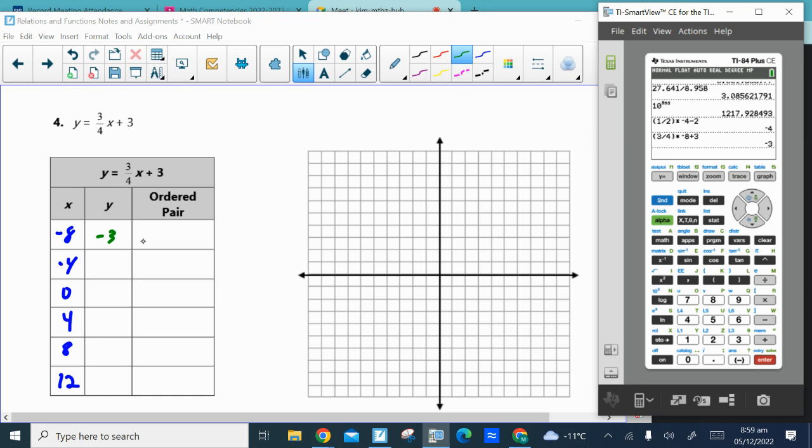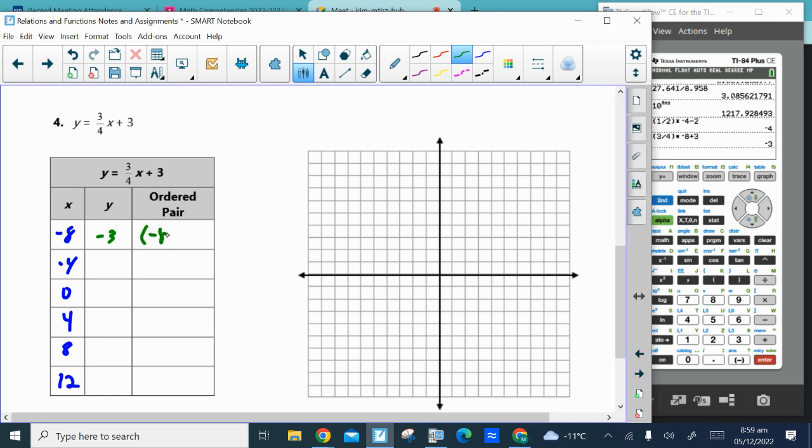So I've got the point -8, -3, which -8 comma -3 is right there. So there's that point. The next value I have for x is -4.